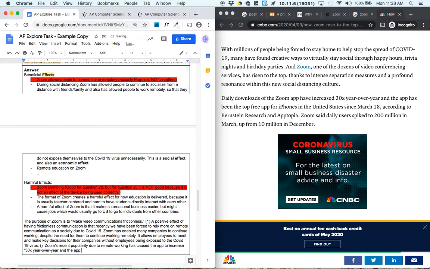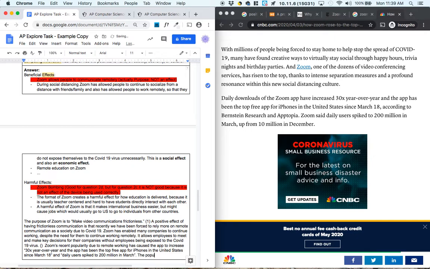And the app has been the top free app for iPhones in the United States since March 18th. And daily users spiked to 200 million in March.